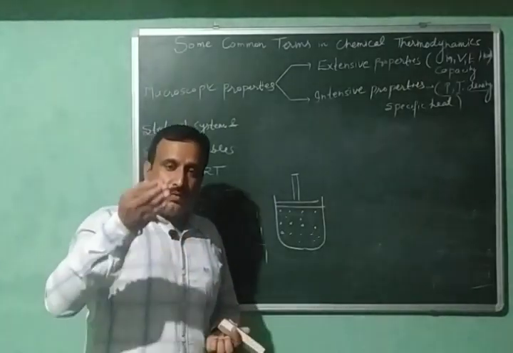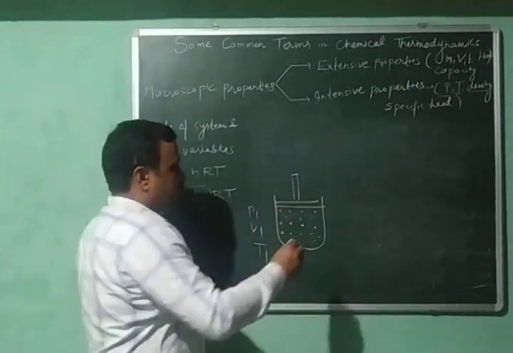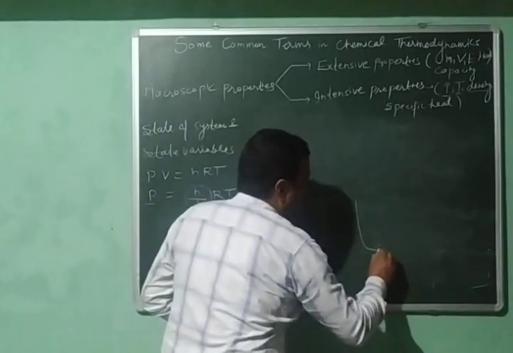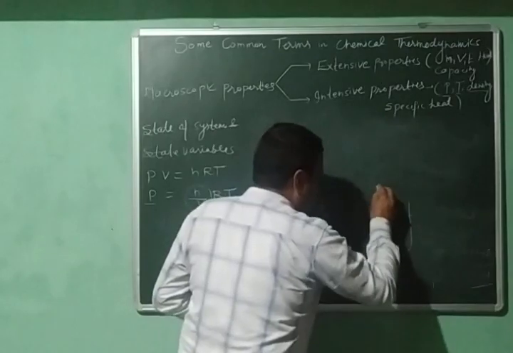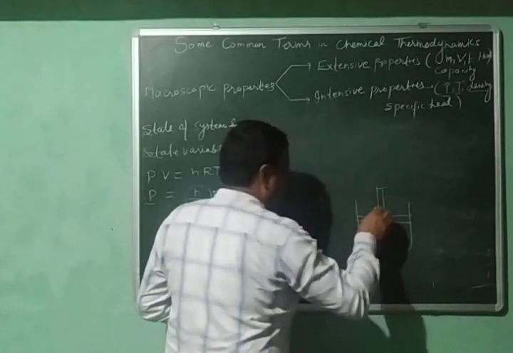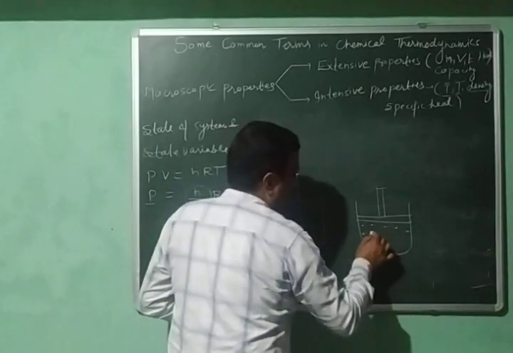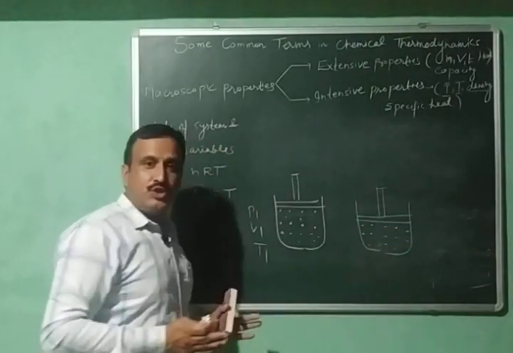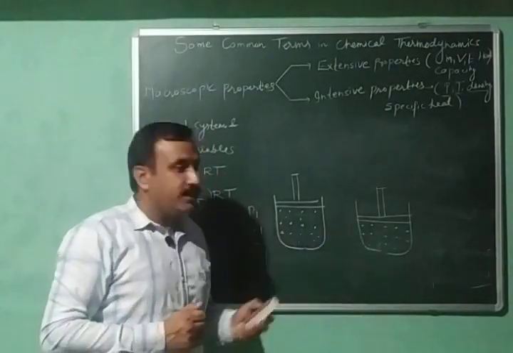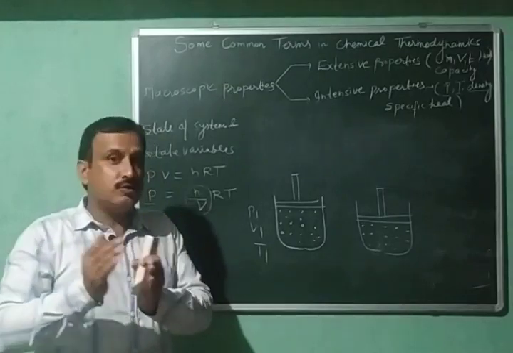Now what I do, I increase the pressure, that is, I move the piston downward. Now the piston has moved downward. Now what will happen? The pressure of the gas will change, the volume has decreased, and due to the compression, the temperature of the gas will also rise.